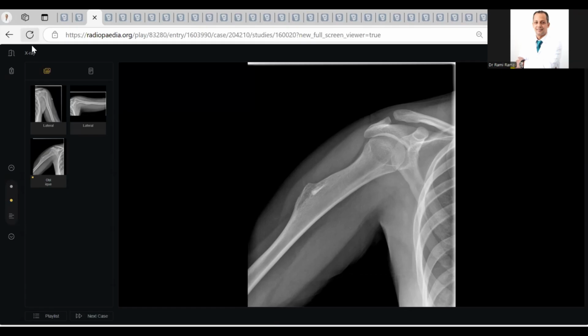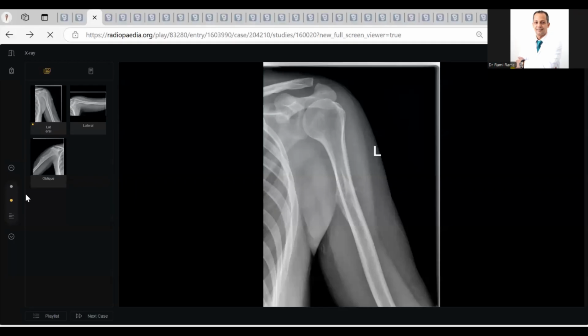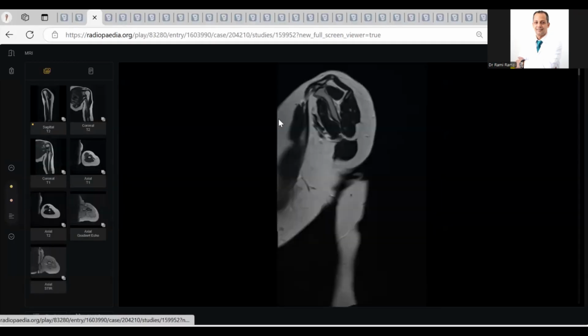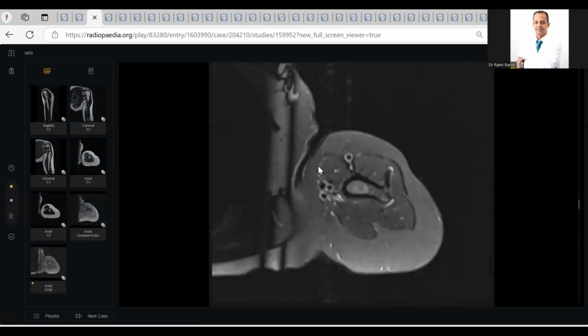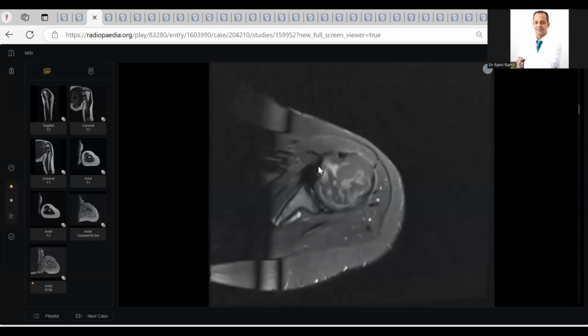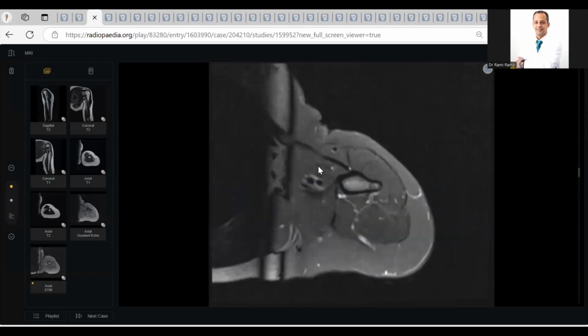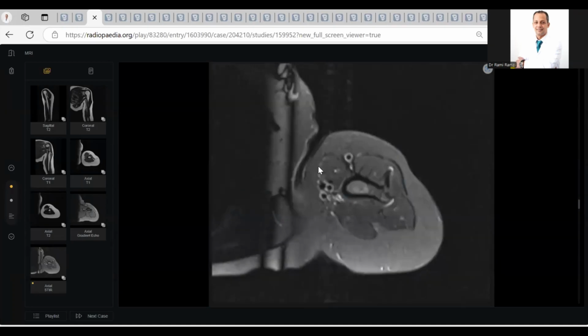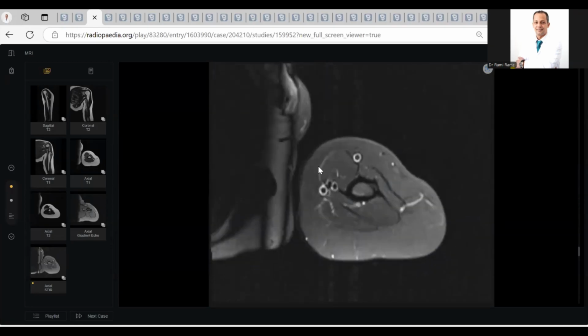Here is the MRI. Yes, this is the MRI. Could you tell me your diagnosis, please? Yes, sir. These are axial fluid sensitive fat sat images of the same patient.